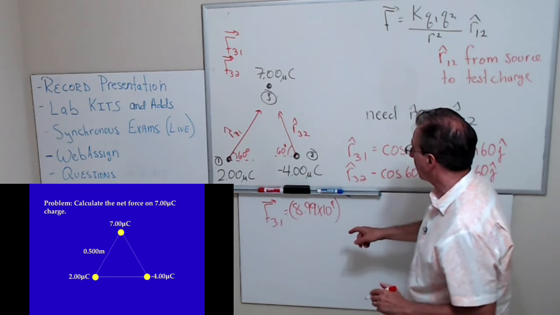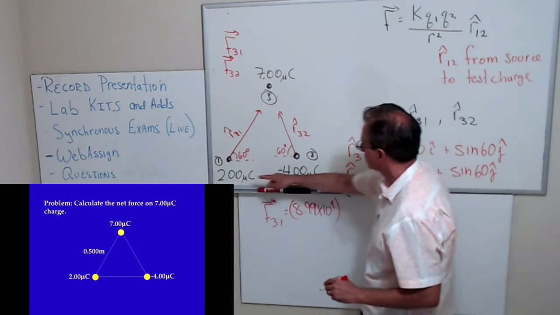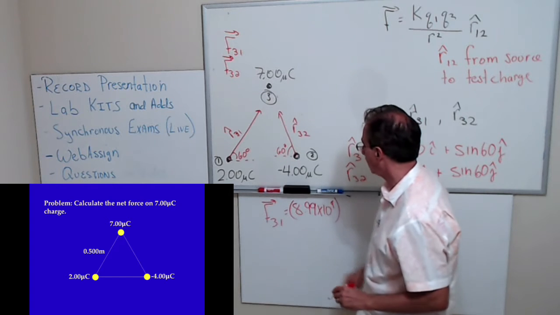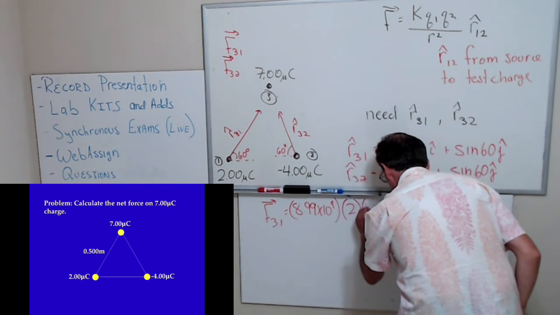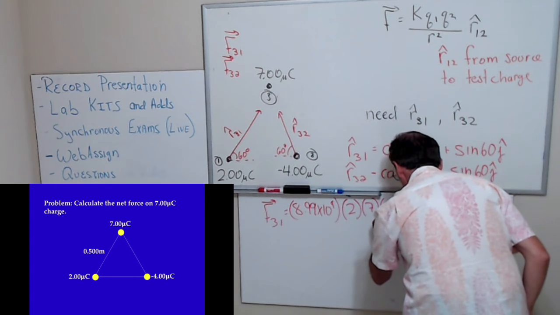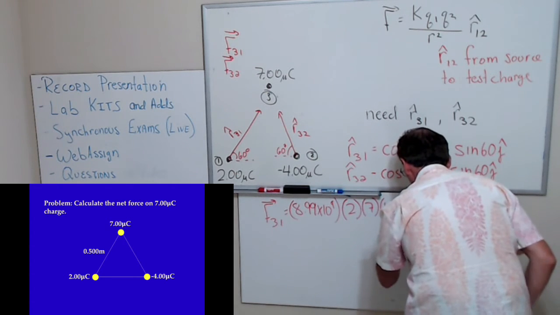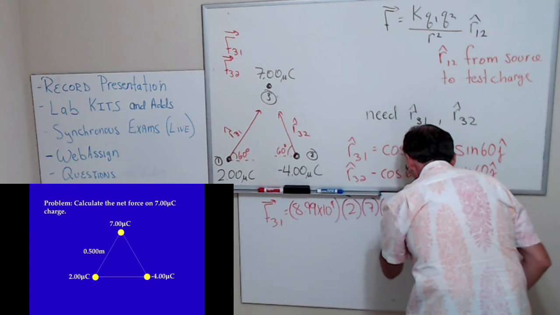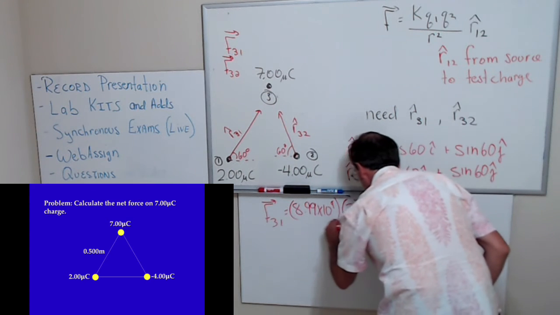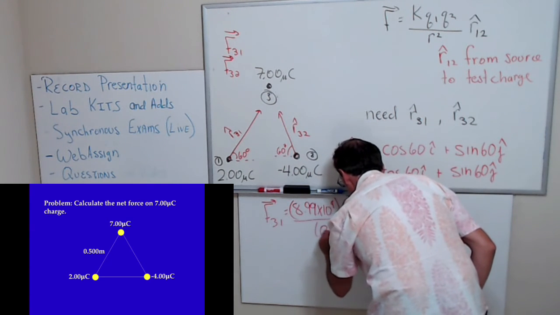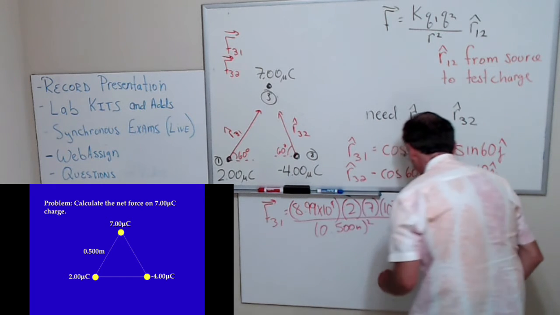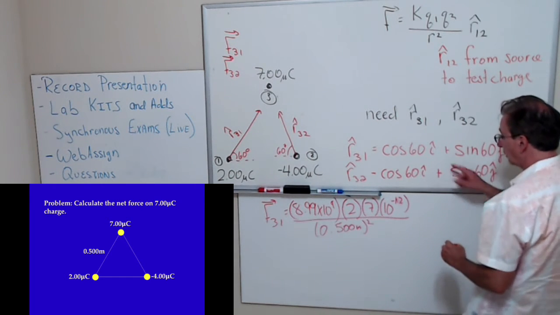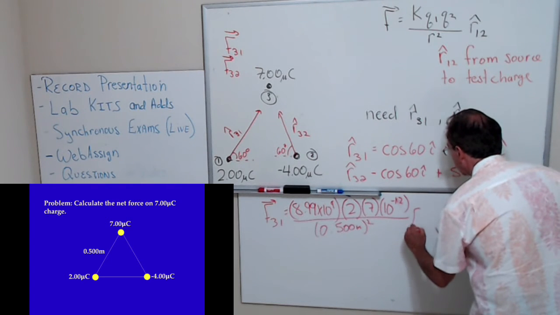And I'm going to multiply by the 2 charges. This one's positive, and that one's positive. And let me put in this unit vector.